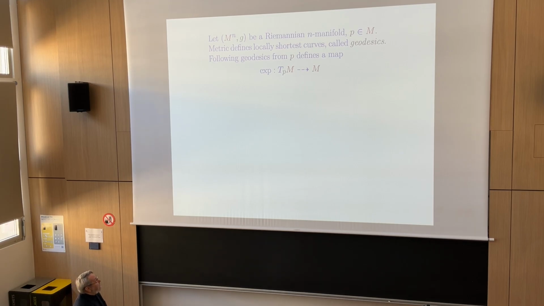I initially made this a dotted line to indicate that this actually might only be defined on a subset of the tangent space, but it will be defined on some open neighborhood of the origin. And this exponential map certainly is not globally a diffeomorphism, but it is, by the inverse function theorem, a diffeomorphism on a neighborhood of the origin.